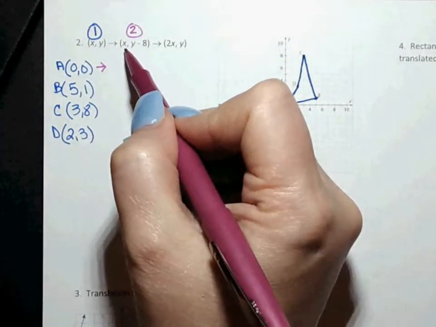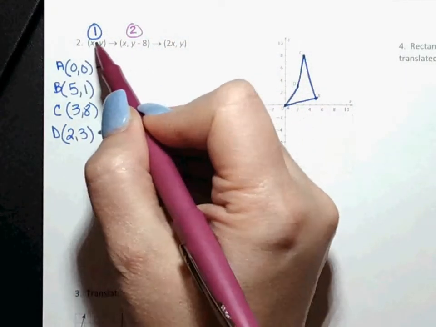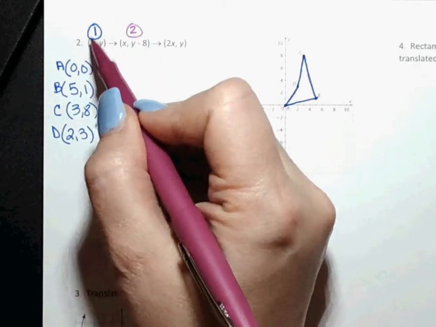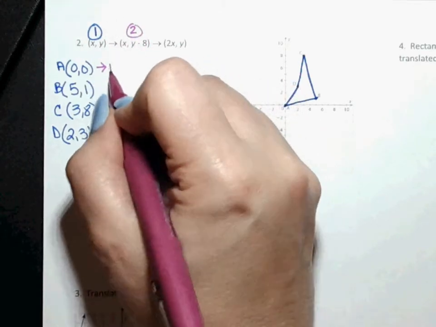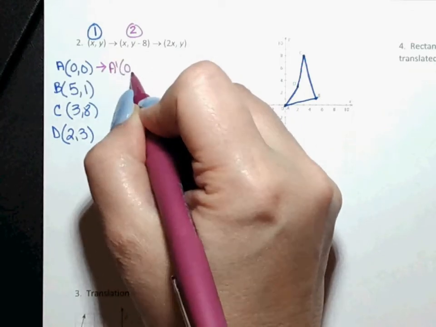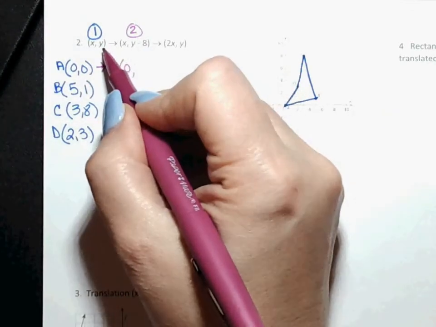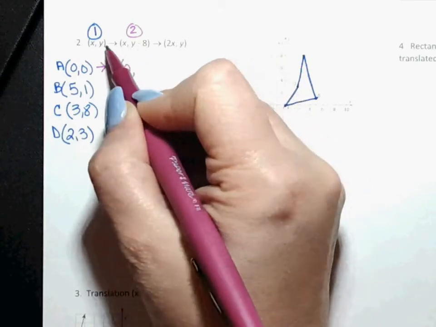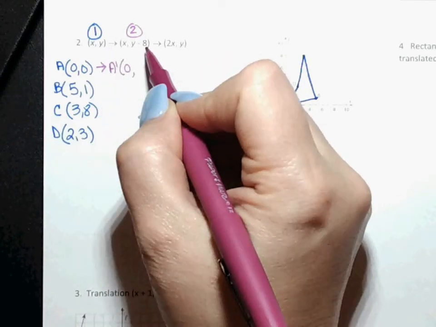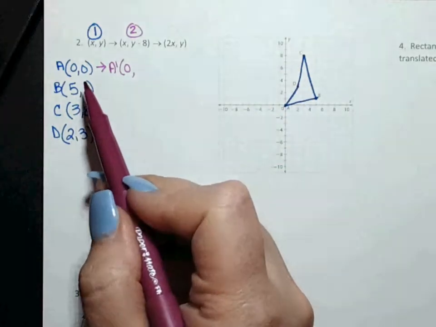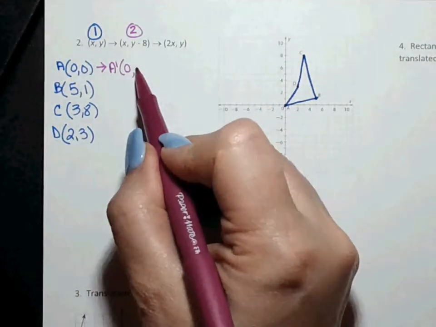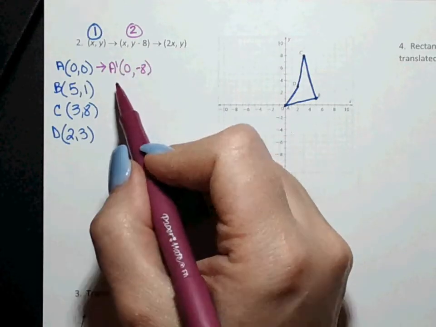So we're going to leave our X value the same. So this is saying that from image 1 to image 2, that X value is not changing. So A prime is going to stay 0, comma, and then our Y value, we're going to subtract 8 from it. So whatever we're starting with, we're going to subtract 8 to get that new value. So if we're starting with a 0 and we subtract 8, 0 minus 8 gives us a negative 8.